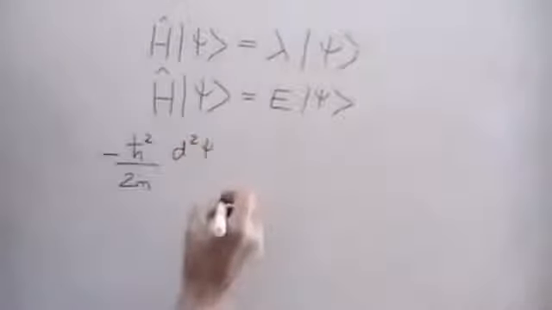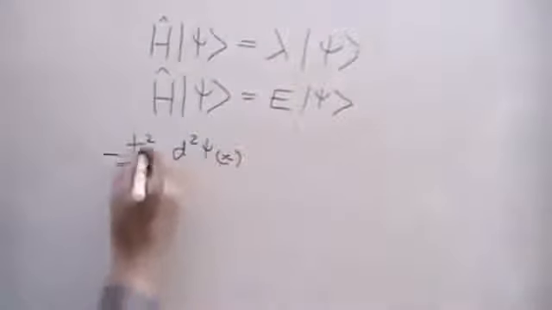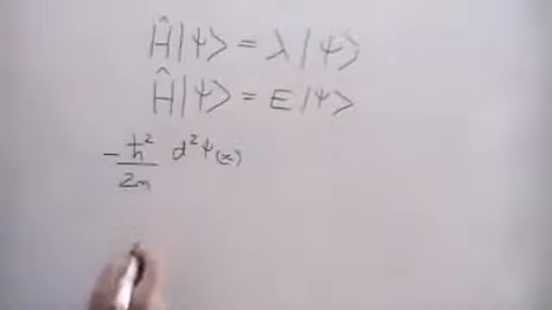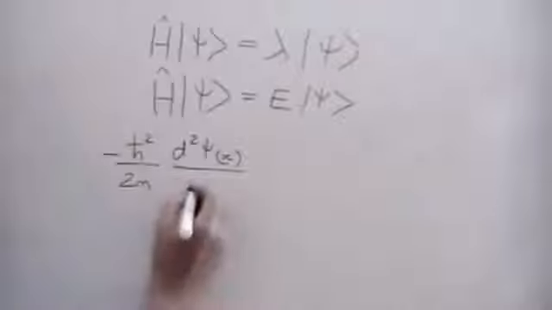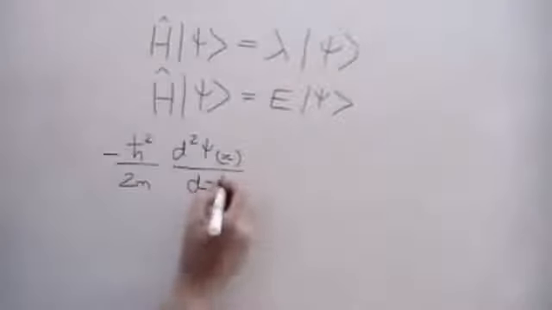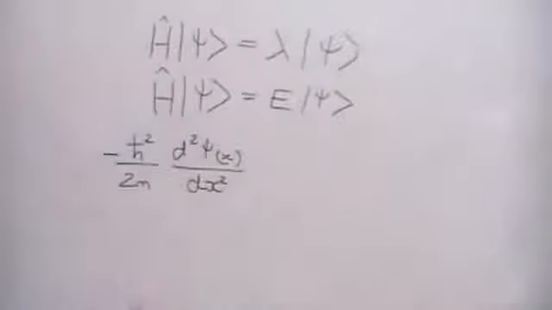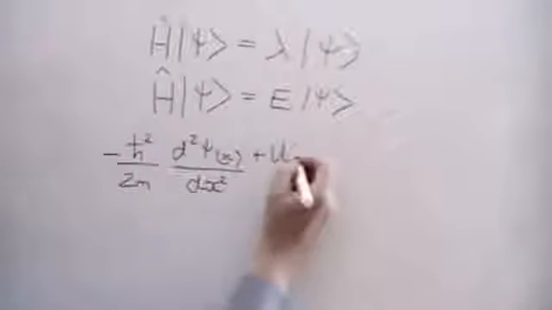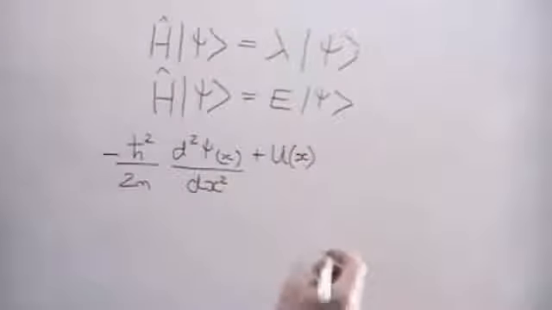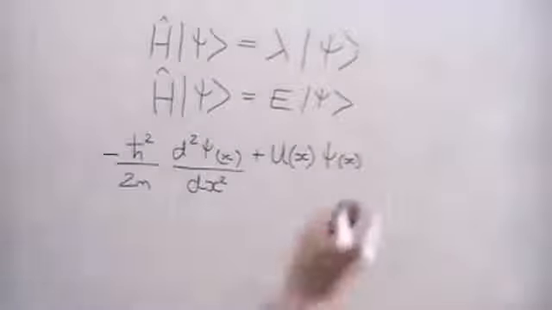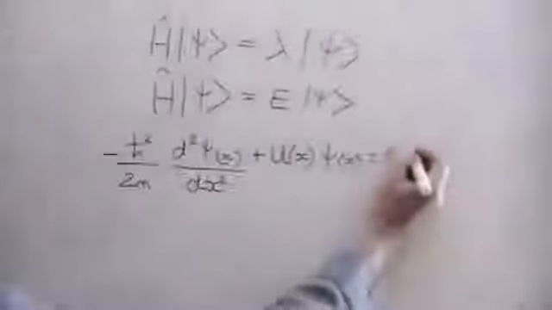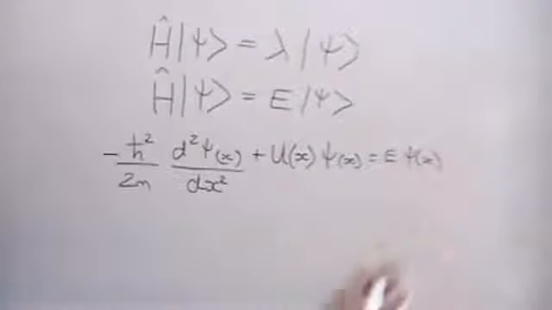And this says that minus h bar squared, where h bar is the reduced form of Planck's constant, divided by 2m, where m is the mass, times d2 psi by dx squared, where psi, of course, is the wave function. I could put it in Dirac notation, but I won't at the moment because we didn't derive it like that, plus a potential acting on psi of x is equal to the energy acting on psi of x.